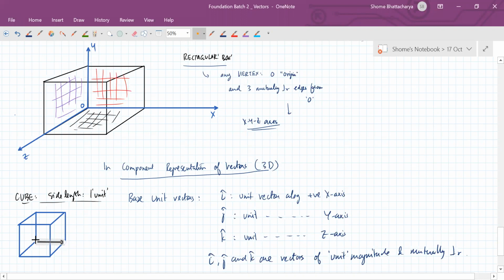This vector is i cap, this vector is j cap, and this vector is k cap.